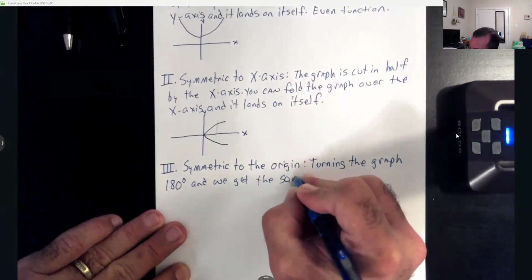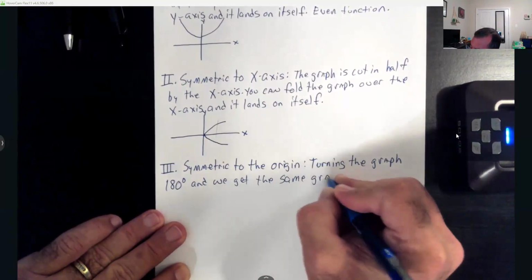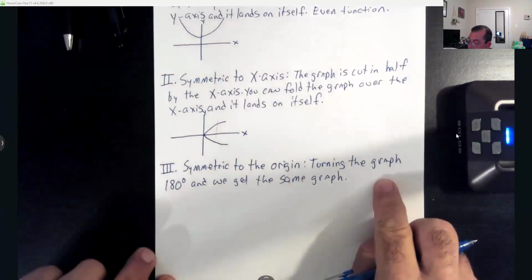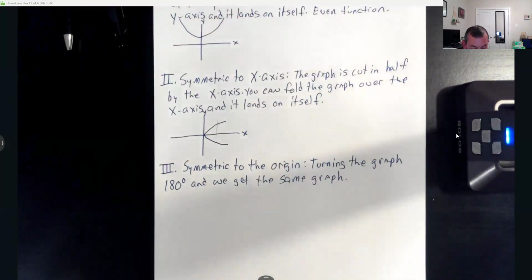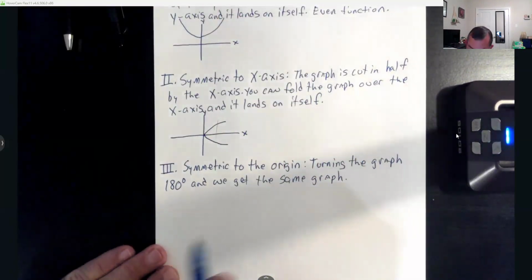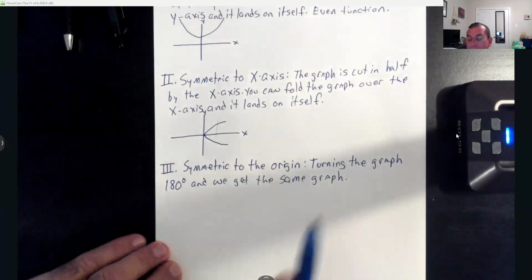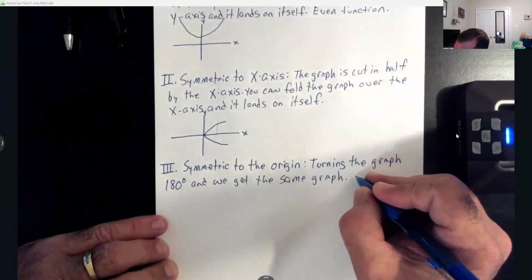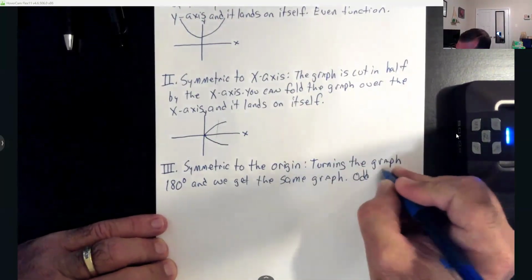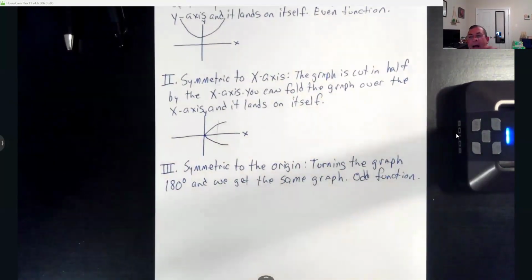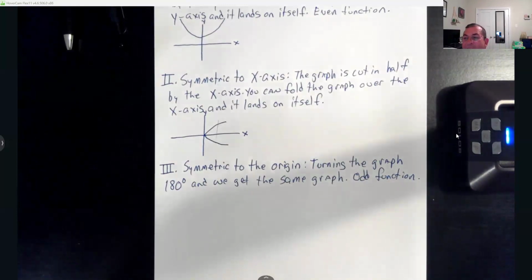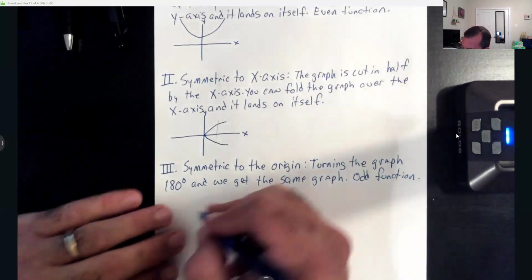Or how about we get the same graph? So 180 degrees would be turning it upside down, okay? Now, if a graph is symmetric to the origin, we say it is an odd function. It'll have the highest exponent of an odd number, okay?